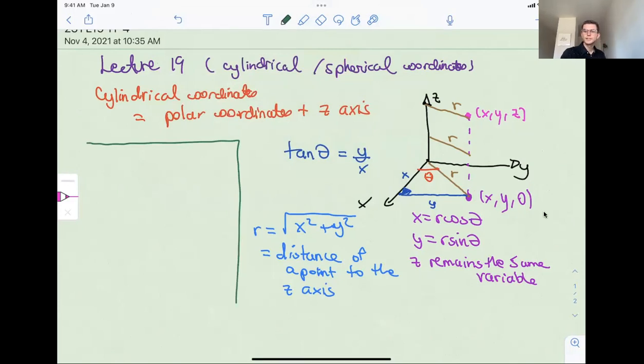r is not constant. It's like the r of polar coordinates. So it can vary because it depends on x and y, right?